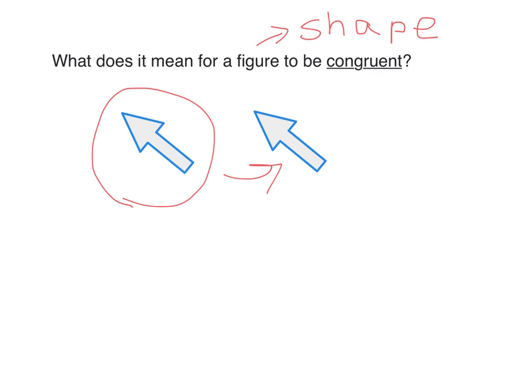These two arrows are congruent because they are the same shape and the exact same size.